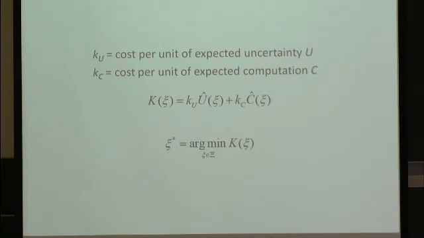So a necessary concept to try to find the optimal computational effort for each point is to assign some kind of cost to the amount of computation we're performing. It might cost $100 per week on a computer or whatever, and to be able to compare that to the cost or economic gain we can make by finding a better design.